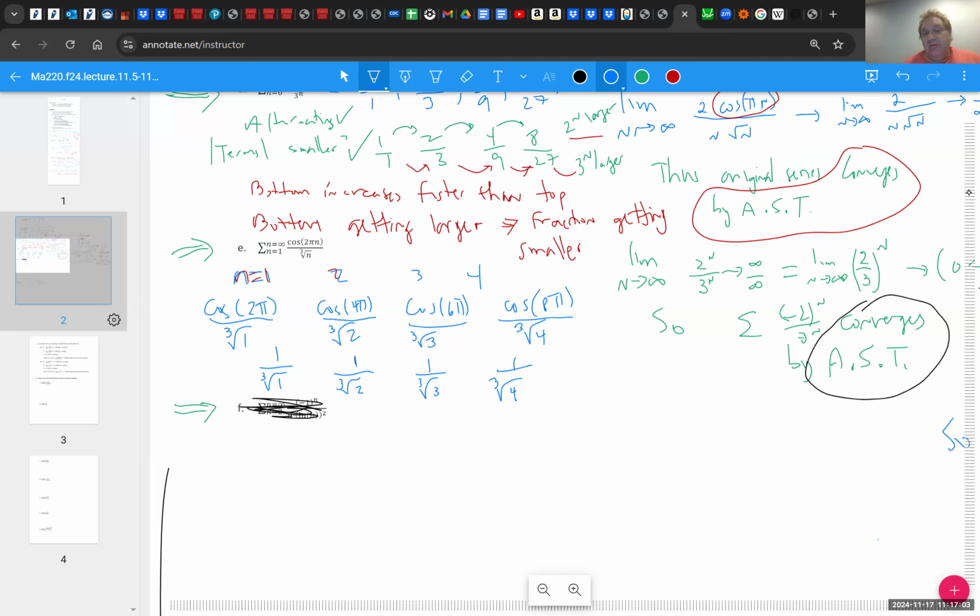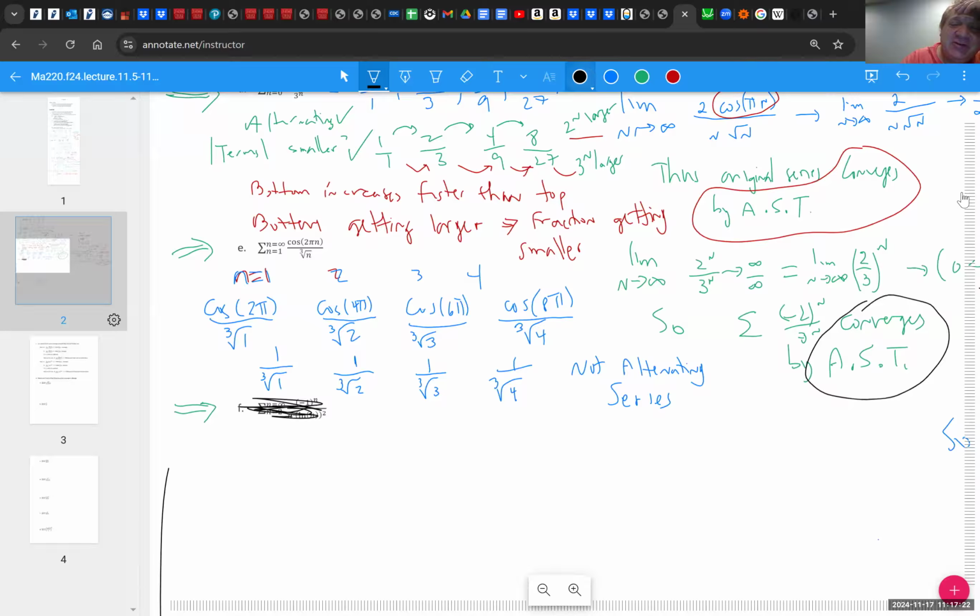Okay, so this is not an alternating series. In fact, this cosine 2 pi n thing doesn't do anything. It's always equal to 1, right?